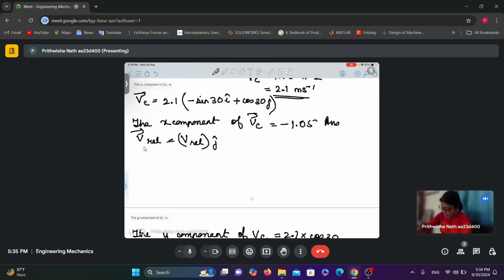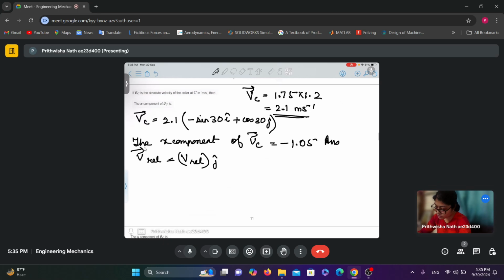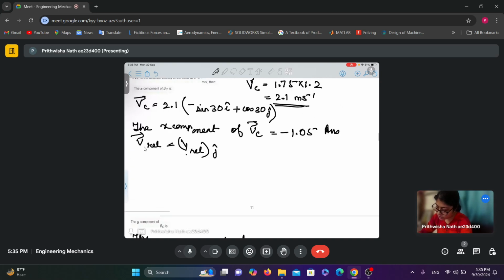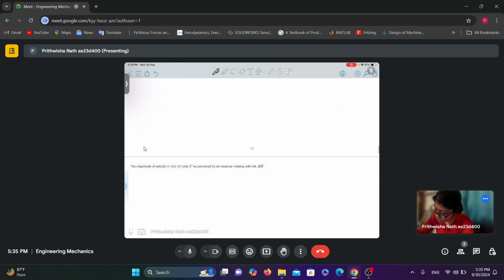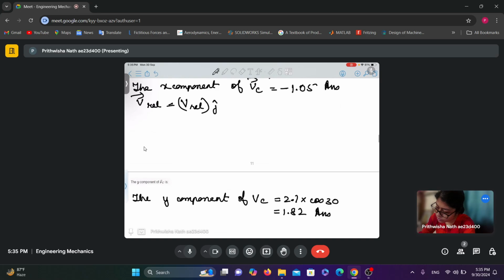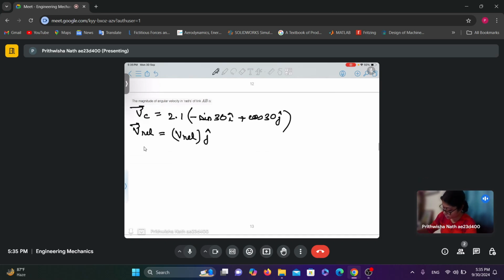Now I will simply write this in terms of components, on both sides.